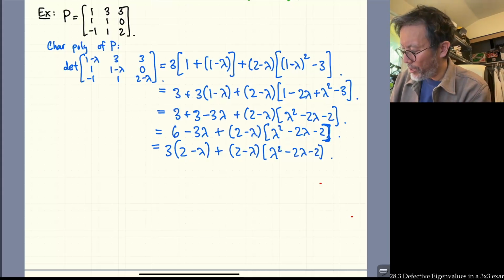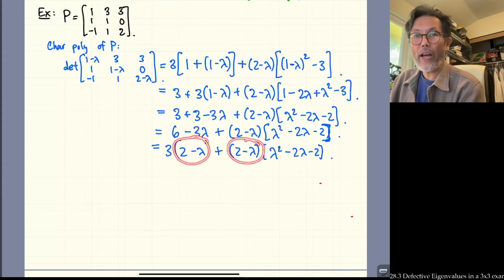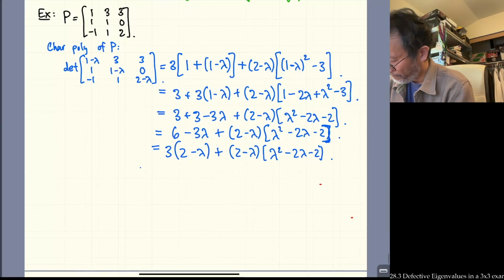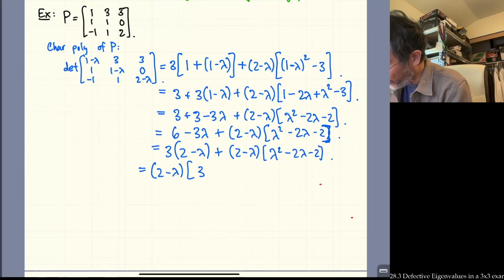It's because now I see that 2 minus lambda is a factor of both of these terms, so I can factor it out, and be left with 3 plus lambda squared minus 2 lambda minus 2.